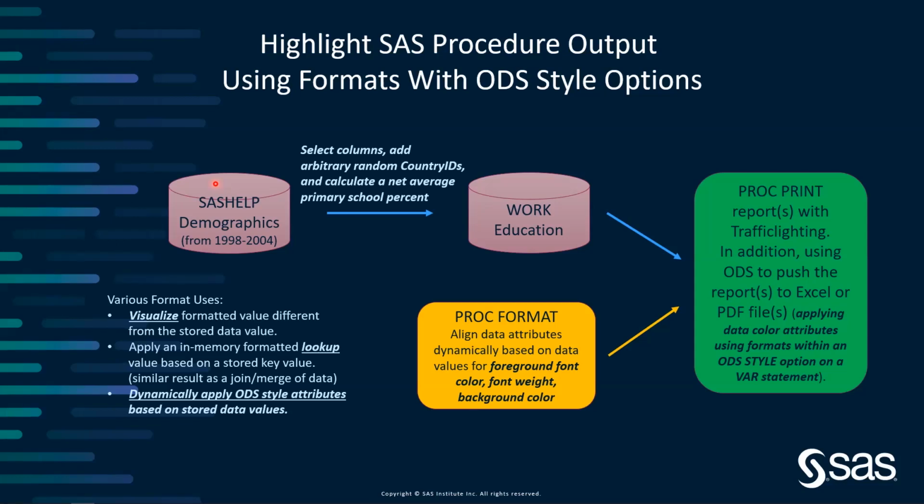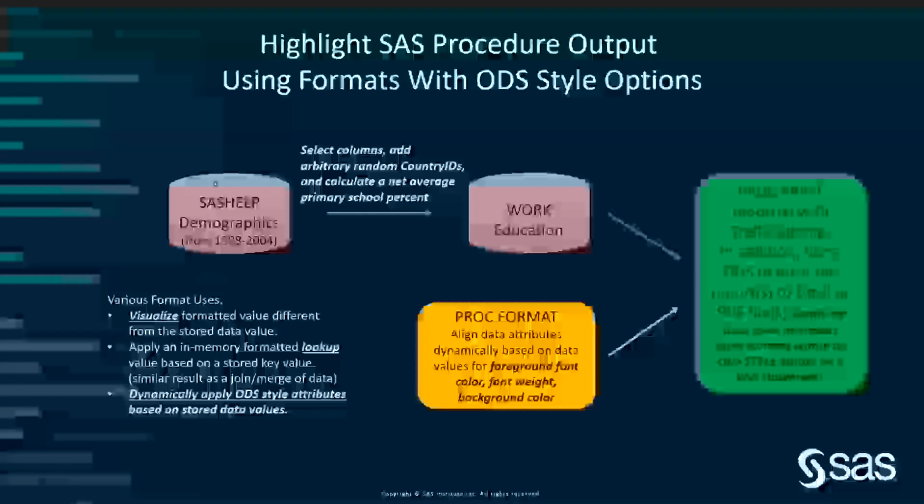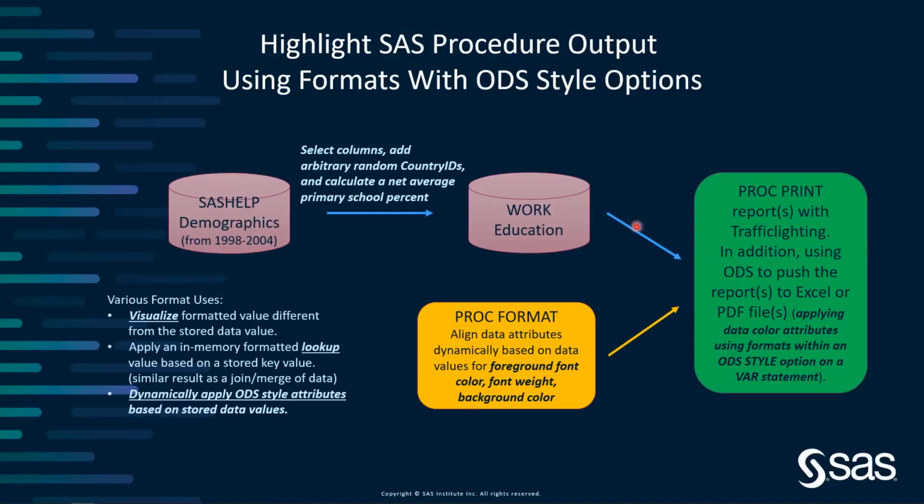The specific column data we will be applying a traffic lighting effect to will be the primary education school enrollment percentages that are in this data set. The result of this data massaging will go into a new data set called work.education. This will be the data that we will be using to generate our traffic lighting reports.